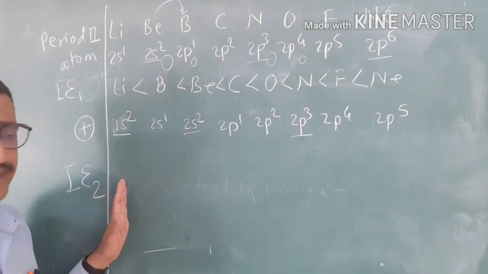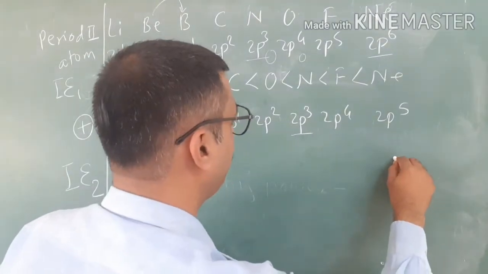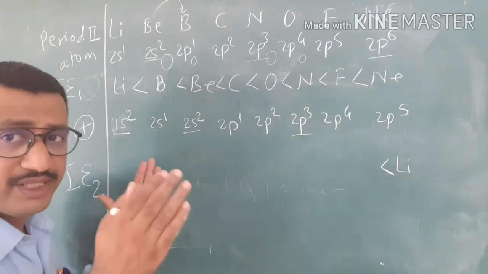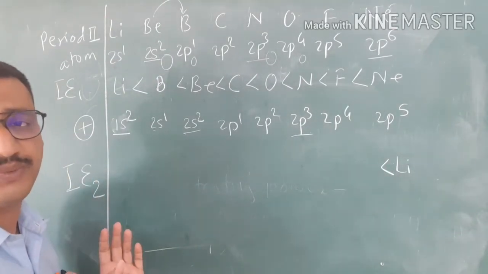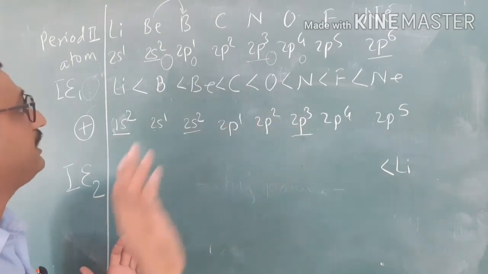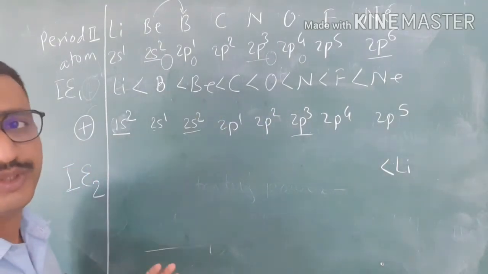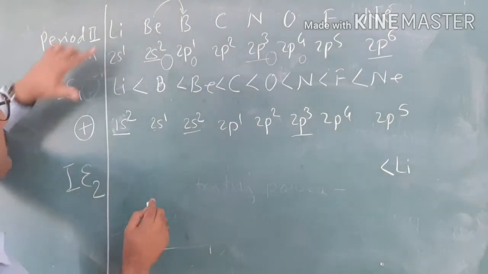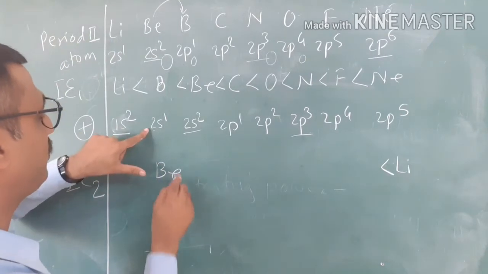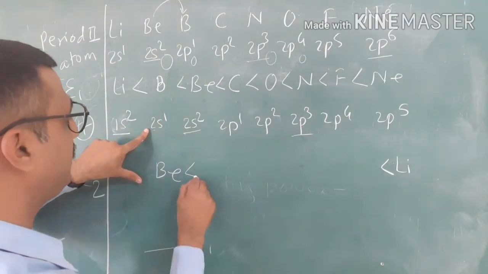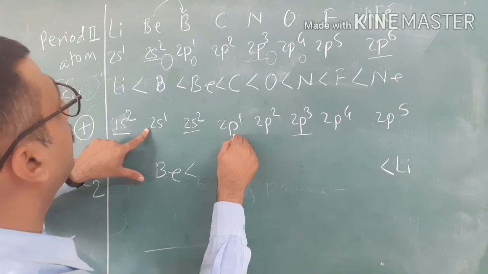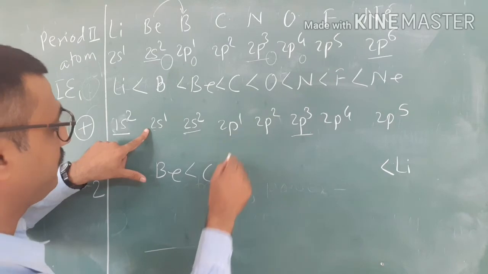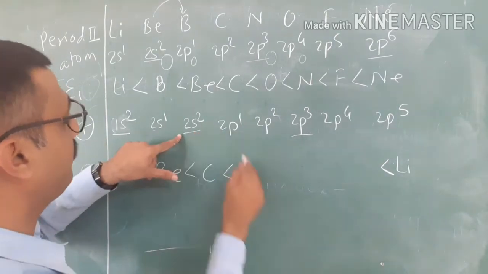Amongst all these, the second ionization potential of lithium is the highest, students, because 1s2 is stable and that 1s is very close to the nucleus. Because there the p subshell electron has been removed, that shell is not there. So for the second ionization potential, the sequence is beryllium, this I took. After beryllium, the ionization potential is greater for carbon, 2p1, this one, and after this the ionization potential is greater for boron.